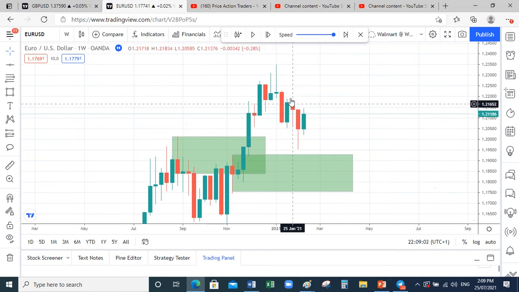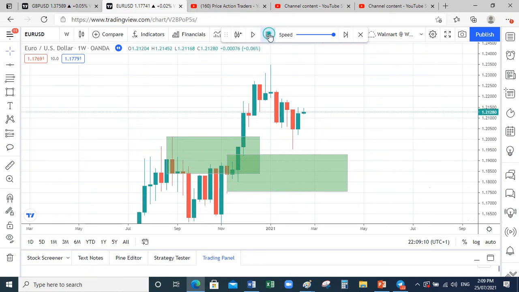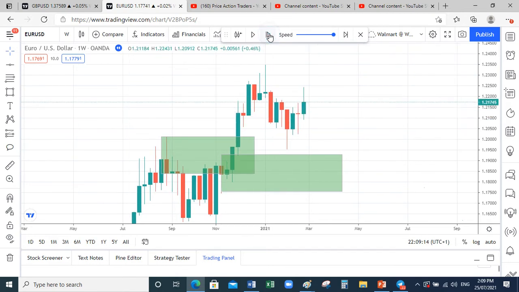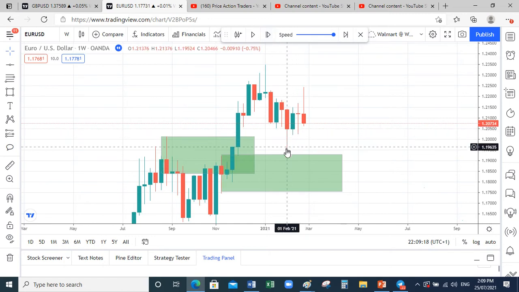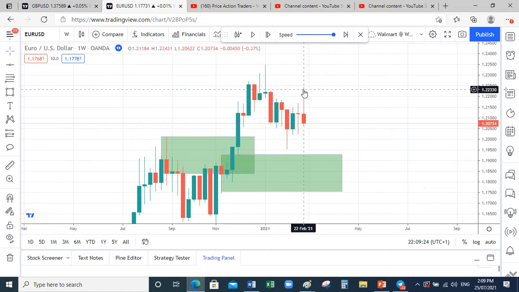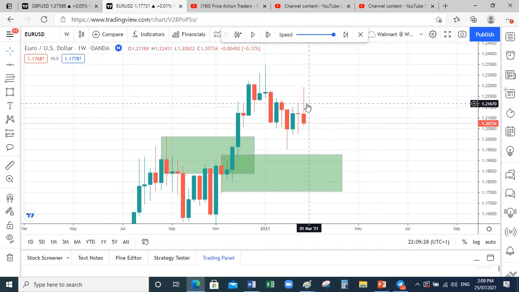Here, it bounces off. So take note: there's usually a reaction in a subsequent move of price to that zone. Price was still reacting here. It was rejected here, upward. But this particular area here was pulling it downward. Strong battle.